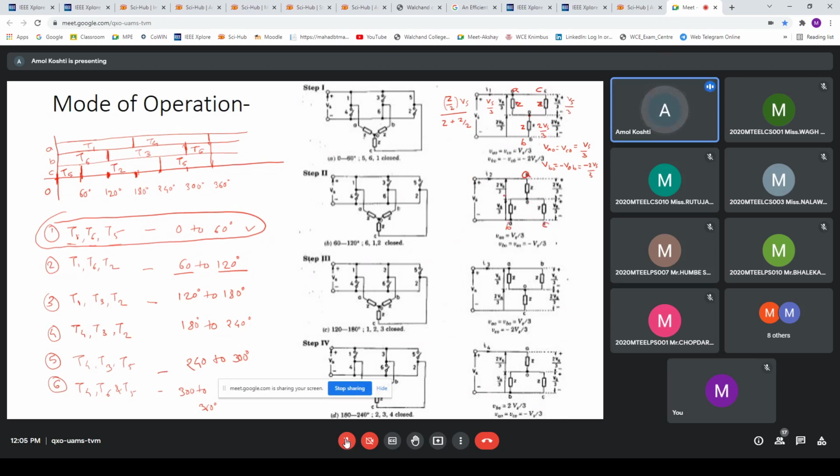Again the drop will be the same. Here you just see VAO is equal to 2 Vs by 3, that drop will take place. And across VBO, which is equal to minus VOB, which is equal to VCO, and VCO means minus VOC, that drop is minus Vs by 3.